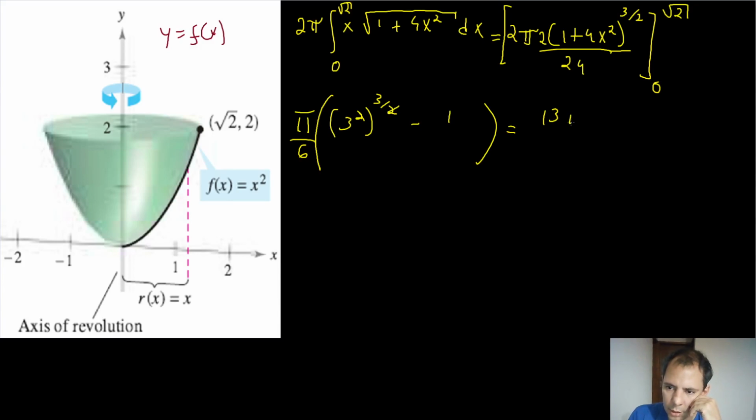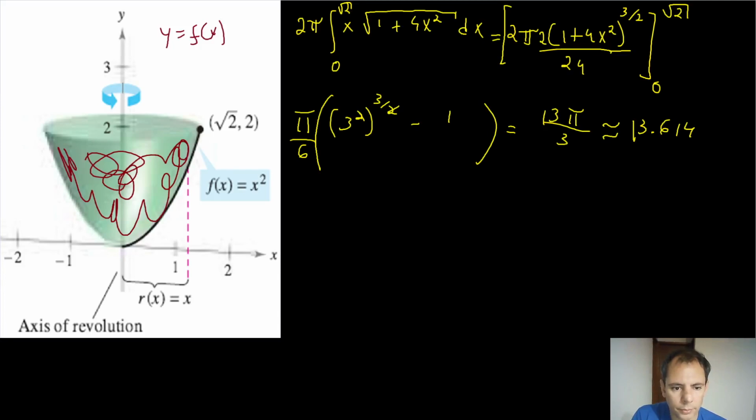So it'll be 13 pi divided by 3, which is approximately, the book says here, 13.614. It'll be the area of this surface of revolution, but not counting the base. You're just counting this area on the outside.